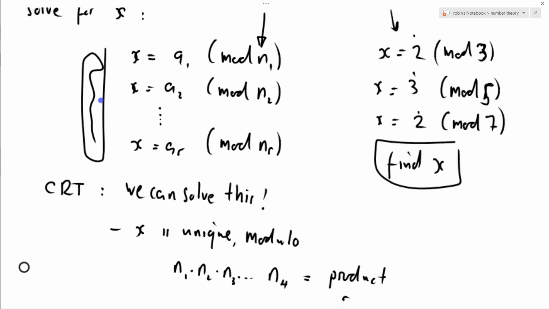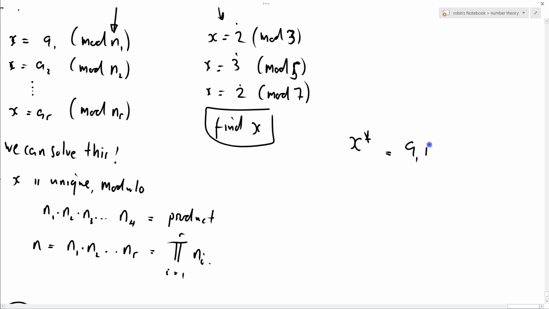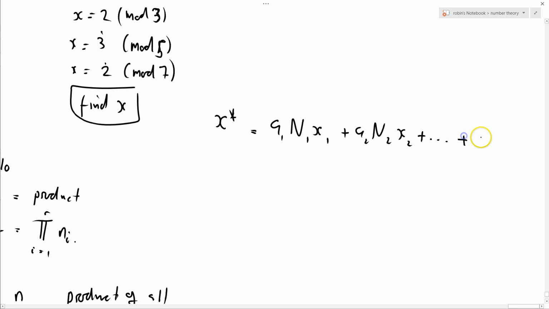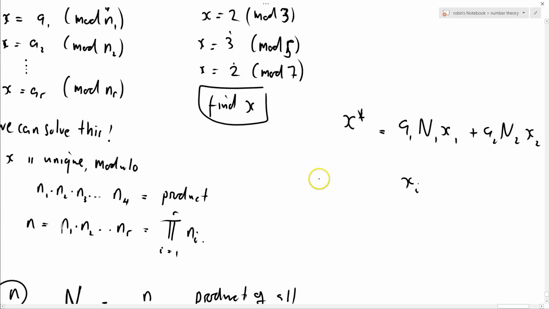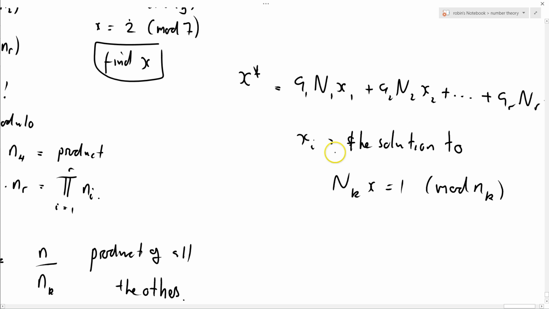I'm going to form x star equals, and I'm just going to write it down, a1 N1 x1 plus a2 N2 x2 plus dot dot dot plus all of them together plus ar Nr xr, where xk equals the solution to the equation Nk x equals 1 modulo nk.